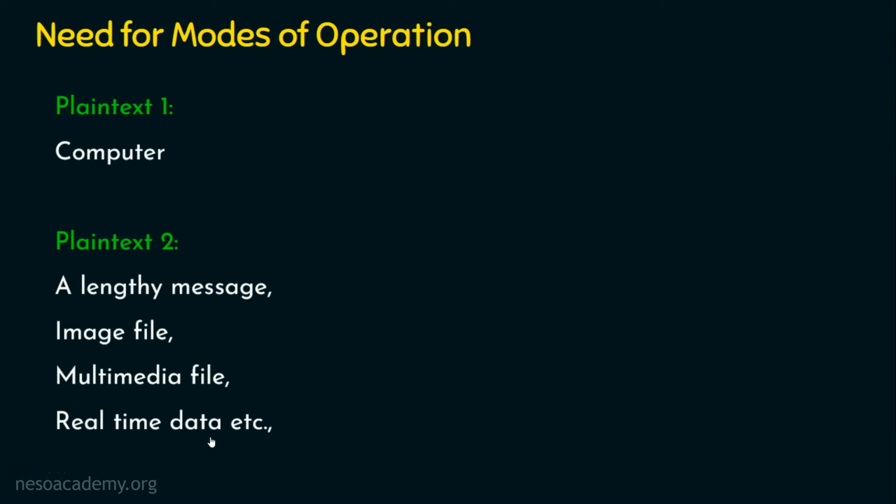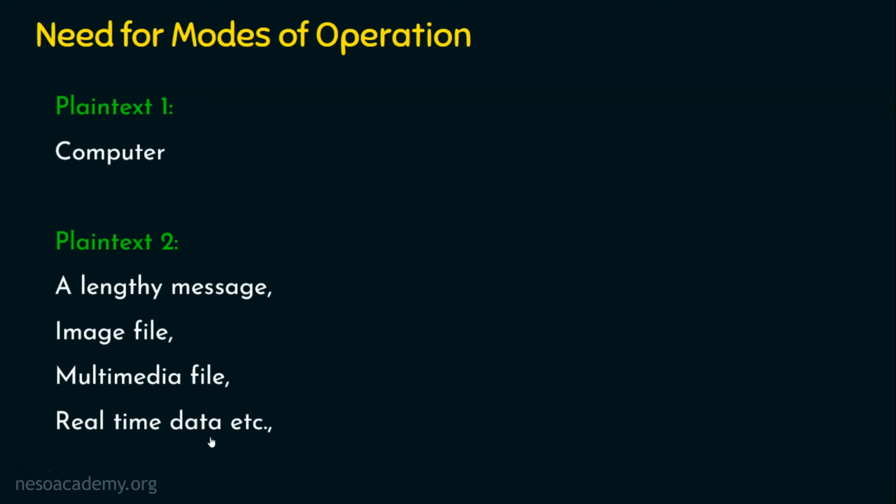So obviously when we have a larger text or a big plain text, we need modes of operation. It's not simply the block cipher doing the complete encryption. In real time, we need the modes of operation, where these modes of operation work on block ciphers like DES or AES or other block ciphers.